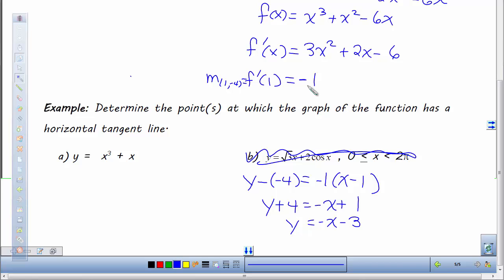It would have to be in parentheses, right? Okay. All right, other questions about that? Okay, once I found the slope, then I use my point slope formula.